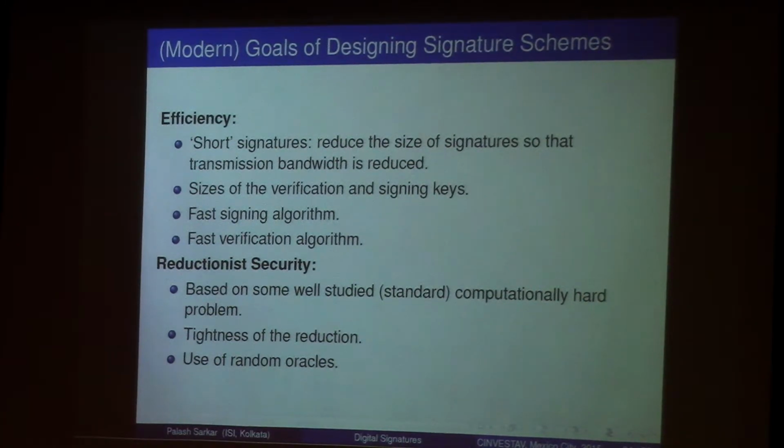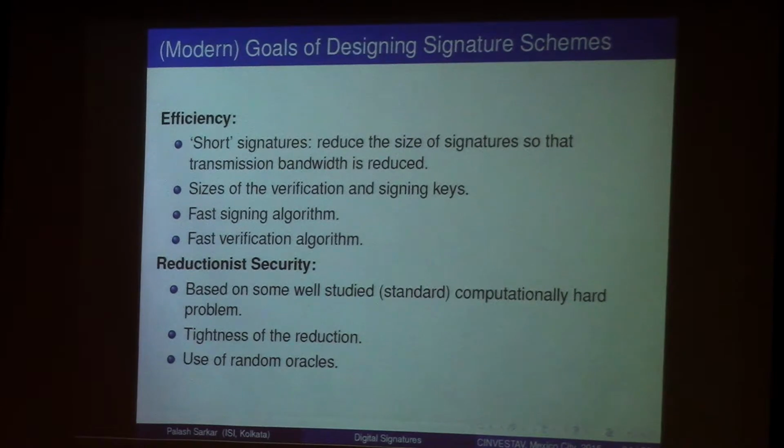So designing a signature scheme which has small signing keys matters. Verification is done by a server, so having small verification keys is a goal, but not that important. Typically, short signatures and short signing keys are two of the most important goals. And of course, you want a fast signing algorithm, a fast verification algorithm, and so on.